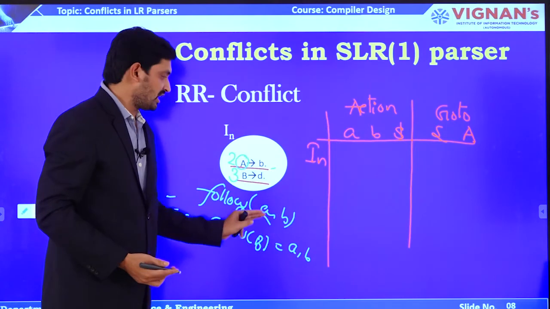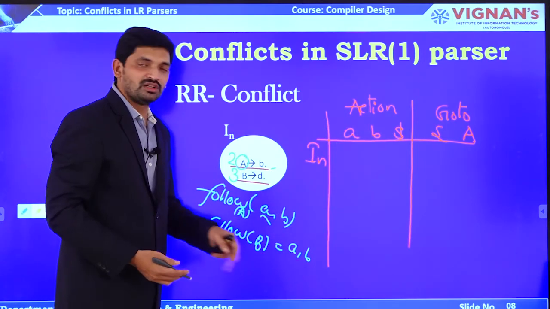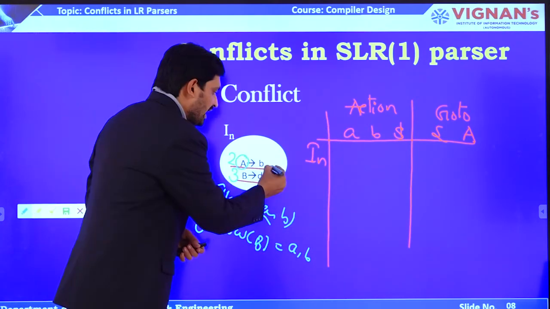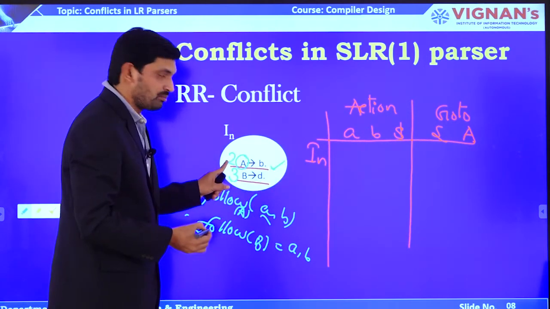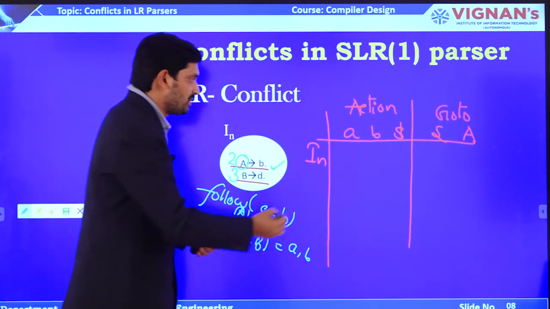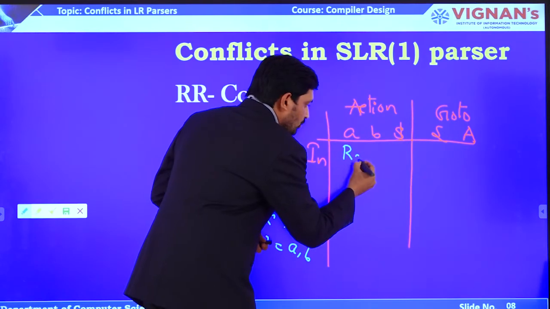So I have to place the reduction operation number 2 in the place of a comma b as R2, R2.